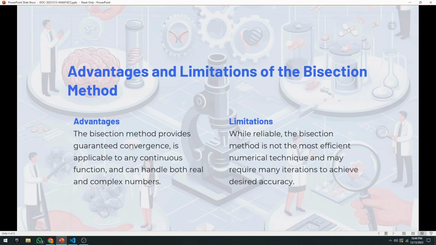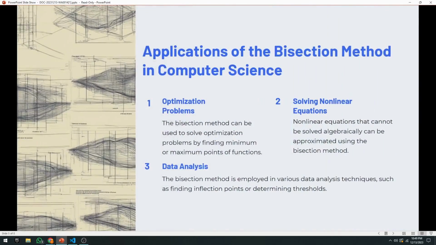Now, moving towards the next slide, we got applications of the bisection method in computer sciences. The bisection method has three applications: optimization problems, solving non-linear equations, and data analysis. The first application is optimization problems.